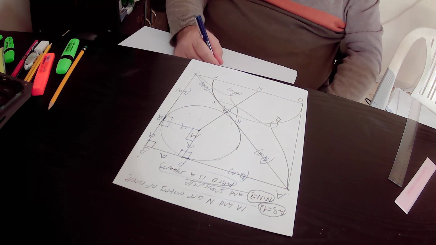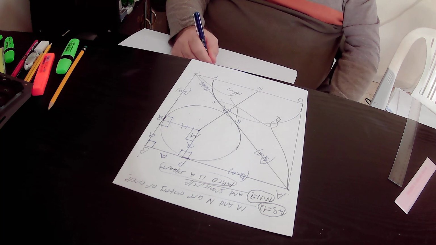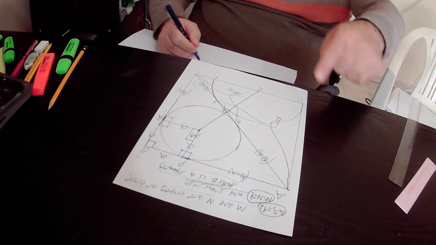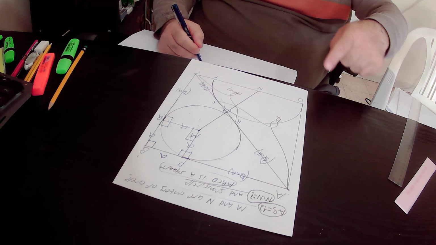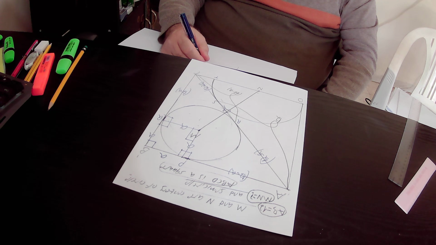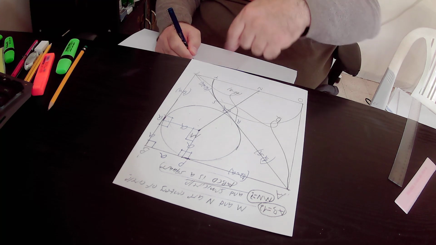That is to say, the hypotenuse is AC, the square of the hypotenuse is AC squared, and it must be equal to AB squared plus BC squared.